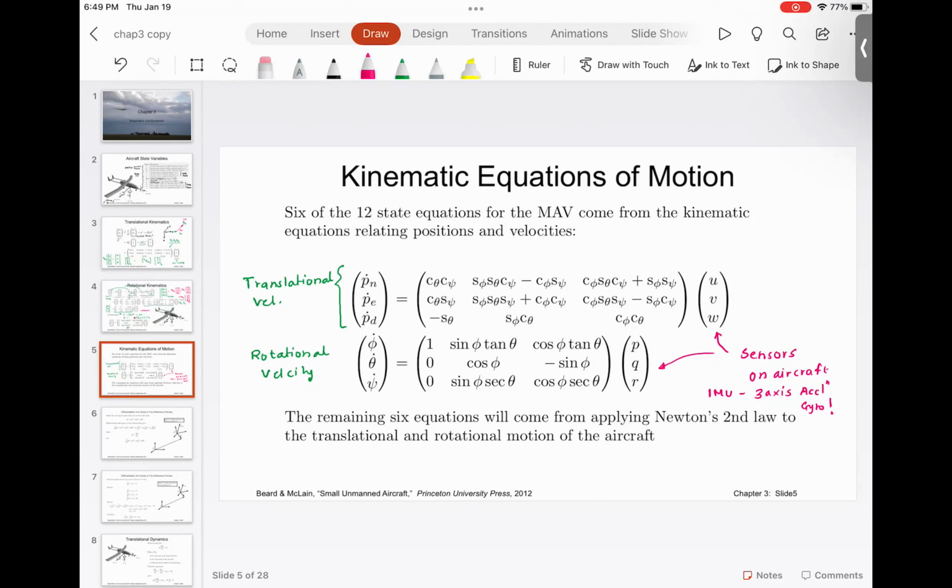Still there are problems, because the integration scheme that I just explained, if you remember, is called the Euler integration, and Euler integration can suffer from numerical instability. So you can use some type of trapezoidal rule or some kind of Runge-Kutta method to improve the numerical stability of this algorithm.